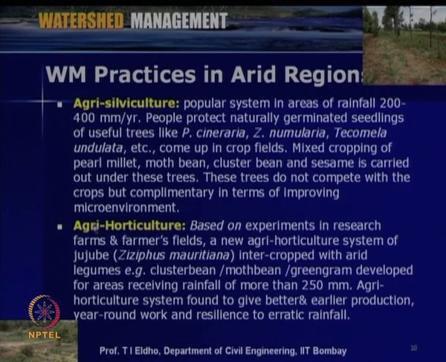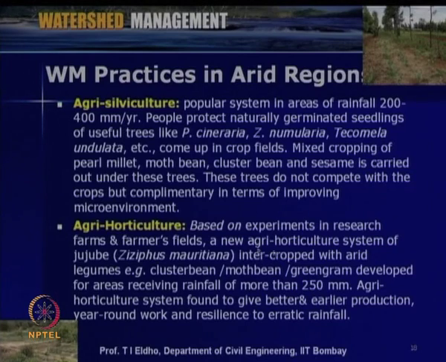And then the last one is the so-called agri horticulture system. Throughout the world a number of research studies were conducted, and based on experiments in research farms and farmers' fields, a new agri horticulture system of jujube, scientific name Ziziphus mauritiana, was developed.